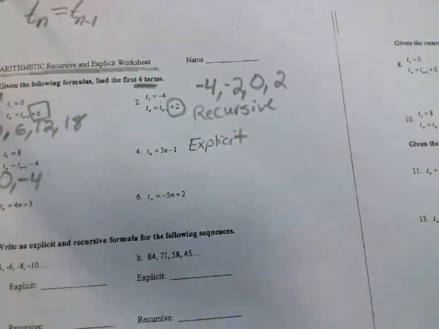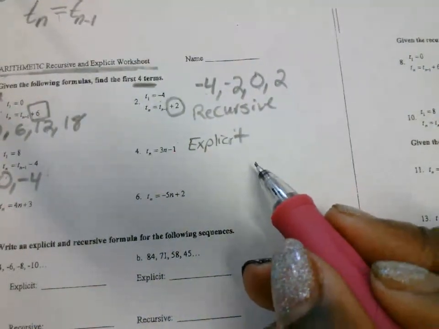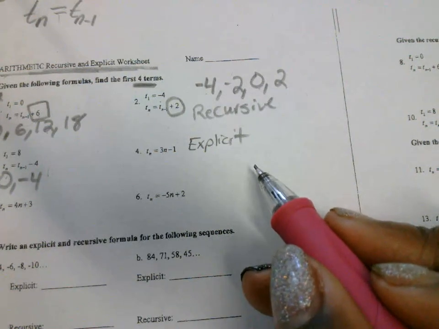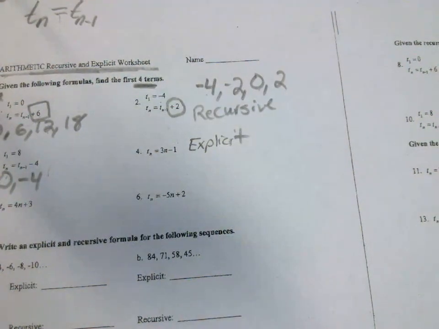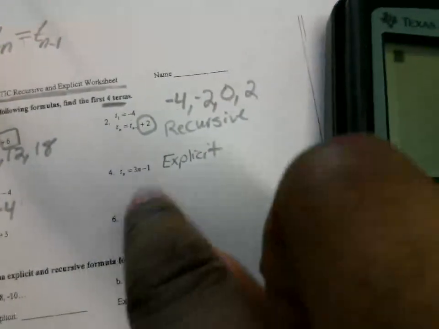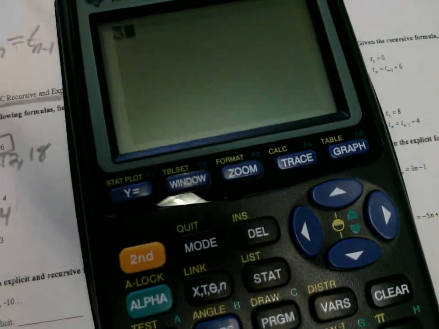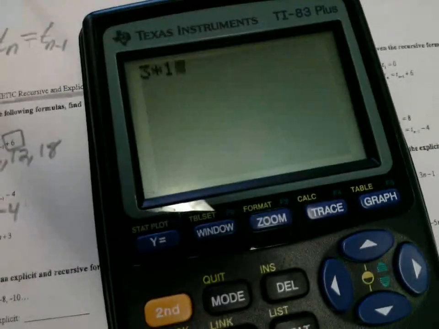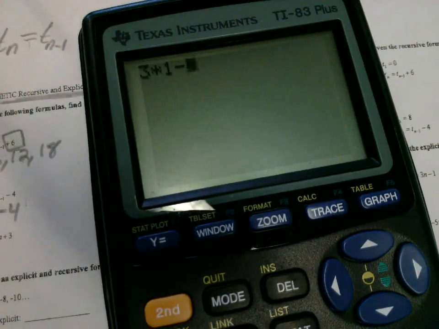Okay. So this one, like Parker said, is explicit. So to get the first term, we're going to substitute 1. We're going to do these in the calculator because the paper is so small. So we've got 3 times 1, when you're looking for the first term, minus what? 1.